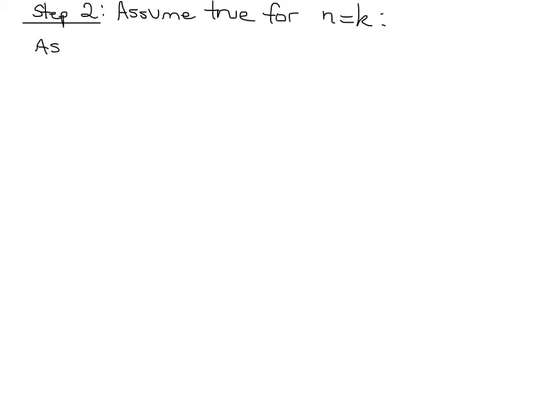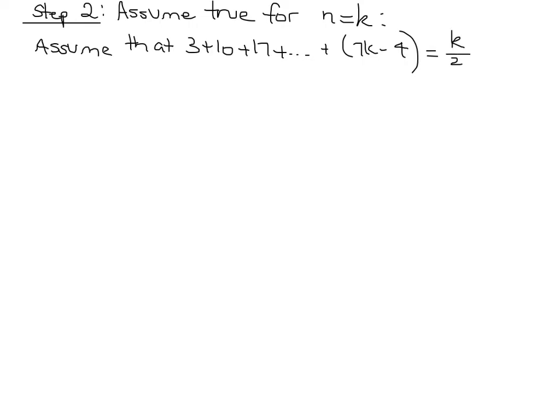So what we're going to assume, and you need to write this down, is that 3 plus 10 plus 17 plus, and instead of n, we're now going to write a k, plus 7k minus 4 equals, and the right hand side becomes a k as well, k over 2 into 7k minus 1.